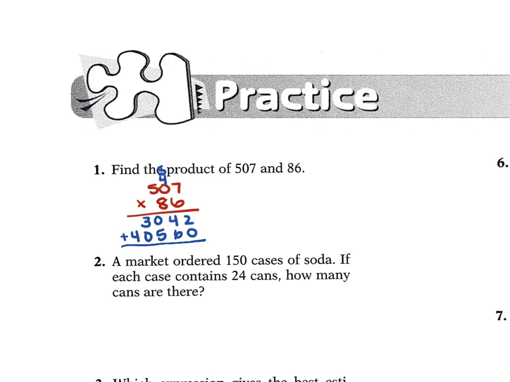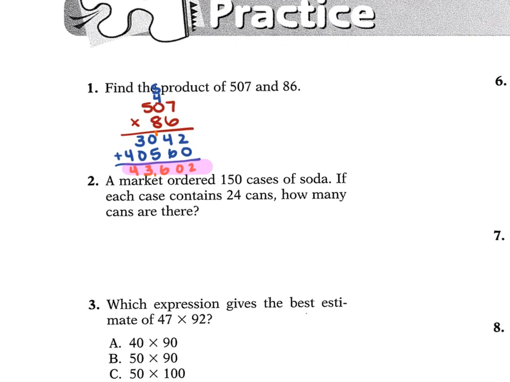So if we add these, 2 plus 0 is 2, 4 plus 6 is 10, 1 plus 5 is 6, 3 plus 0 is 3, and then that 4 gets dropped down. So we have 43,602. For number 2, it says a market ordered 150 cases of soda. If each case contains 24 cans, how many cans are there?